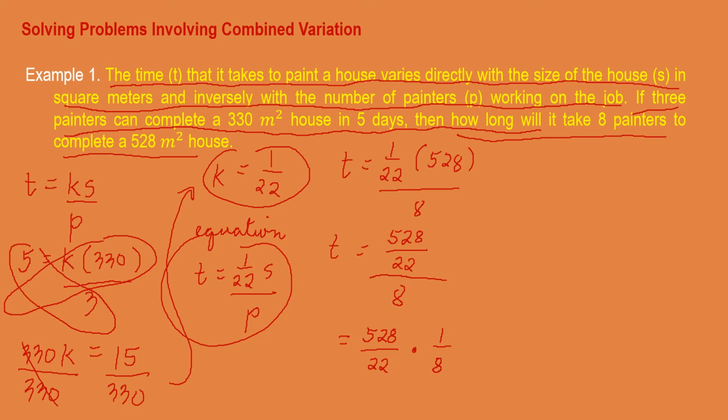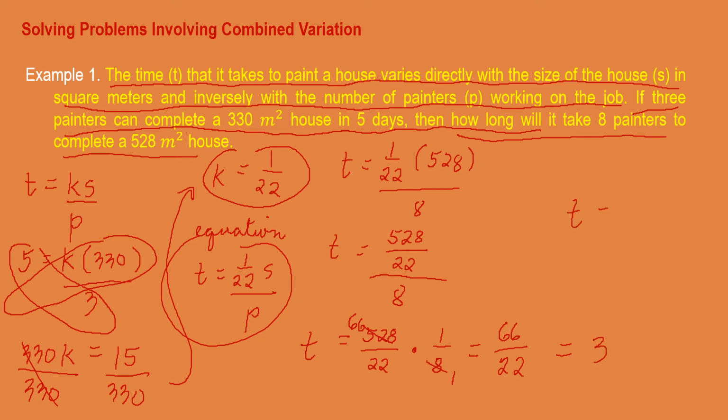For easier multiplication, we can look for possible cancellation. 528 and 8 can both be divided by 8. 8 divided by 8 is 1. 528 divided by 8 is 66. So we're going to have 66 times 1 over 22 times 1, 22. And 66 over 22 is equal to 3.